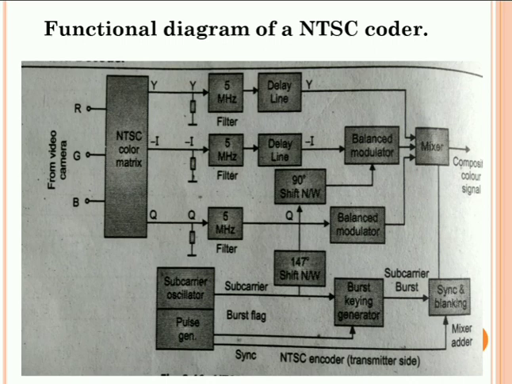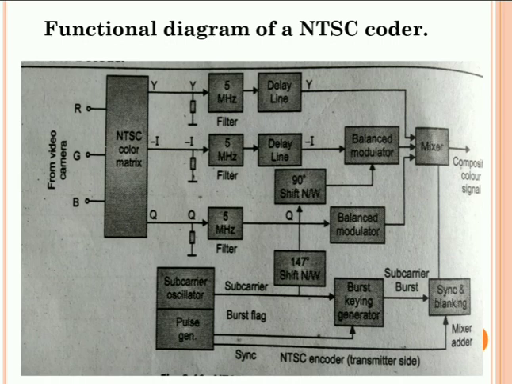From that camera we are having three signals R, G and B. After going through the NTSC color matrix, it gives Y, I and Q. After that we pass it through a filter, then we give a delay line to some of the signals, then we pass it through the balanced modulator, and then we give all the three signals to the mixer. The output signal that we form is the composite color signal.